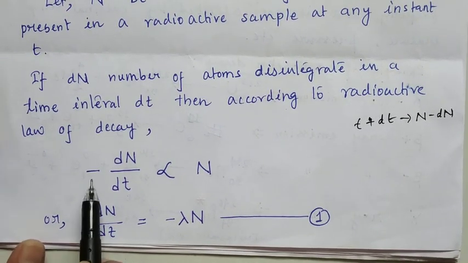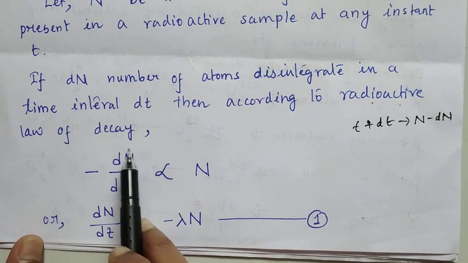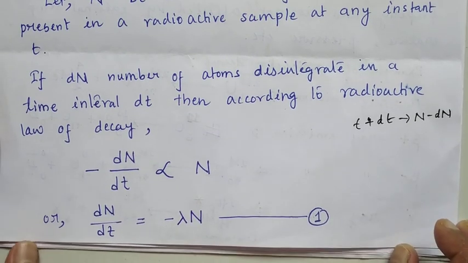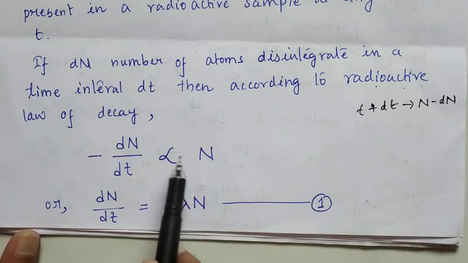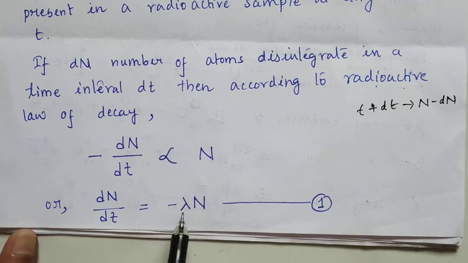Now why are we using a negative sign here? It indicates that with increasing time, the number of undecayed atoms in the sample gradually decreases. So dn/dt is equal to minus lambda n. To remove that proportionality sign, we bring in one proportionality constant, which is lambda.